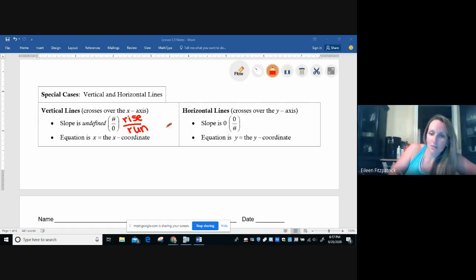You can't divide by 0, so it's undefined. Again, for horizontal lines, rise over run: now you'll have a rise, but you won't have a run. So we say that the slope is 0 for a horizontal line. All right, let's keep going.